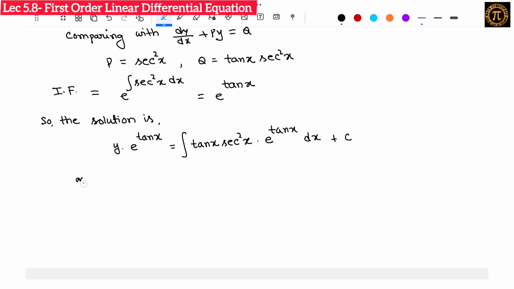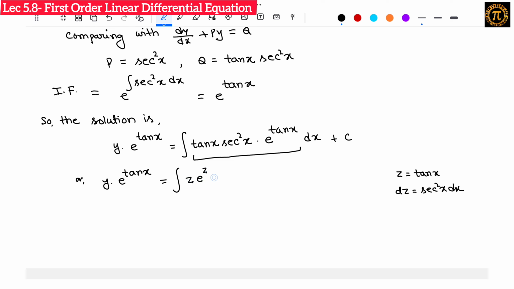Now you can solve this integration by taking z equals tan x. So dz equals sec square x dx. So you get integration of z e to the power z dz plus c.